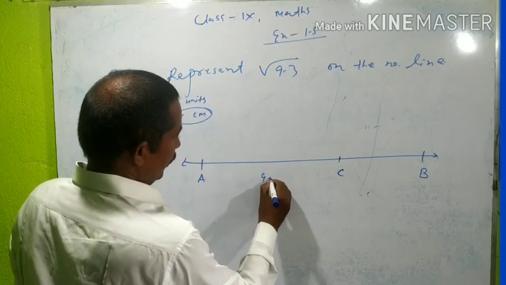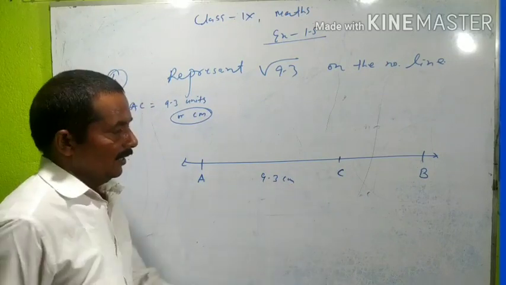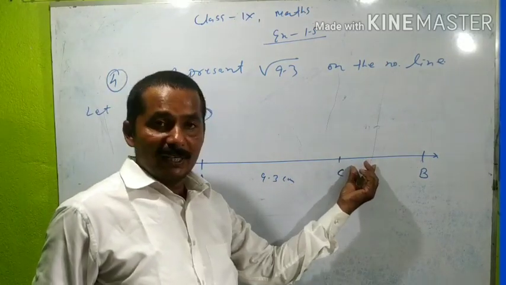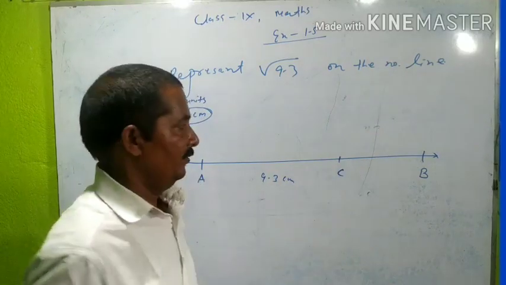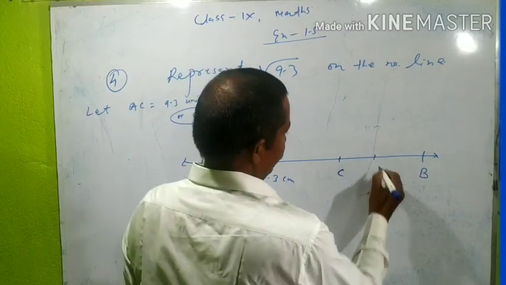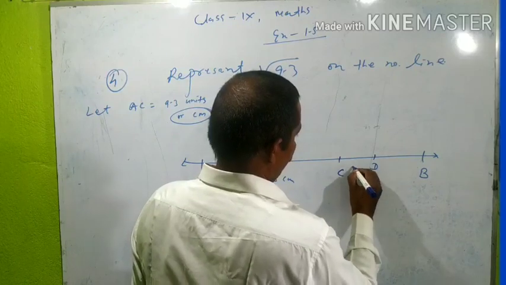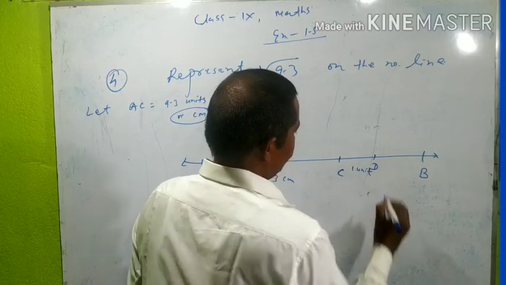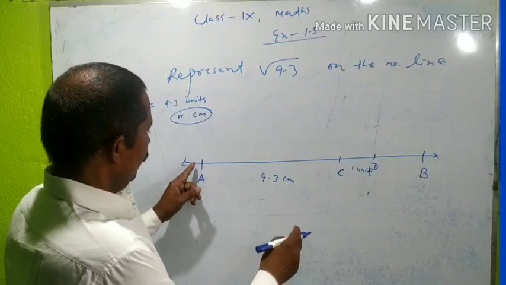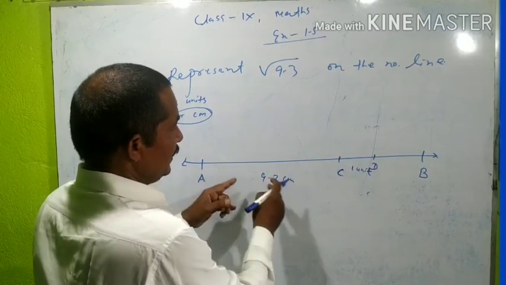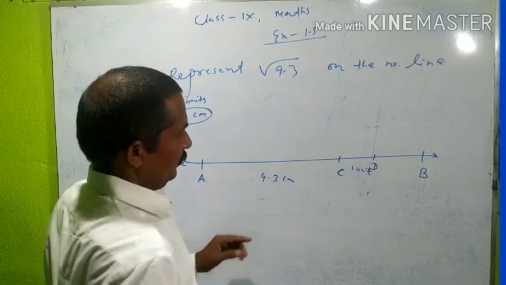Suppose it is 9.3 cm, and one more unit you will take here now, means one more centimeter. Suppose it is D now, 1 unit. Now AD is 9.3 plus 1.